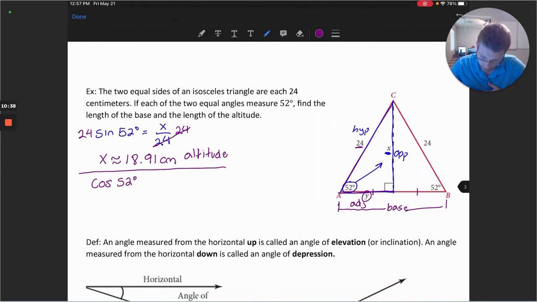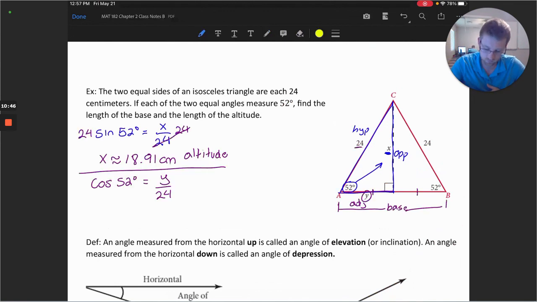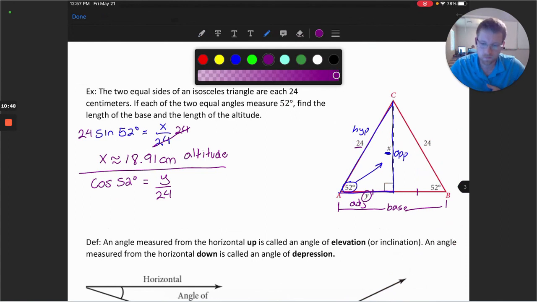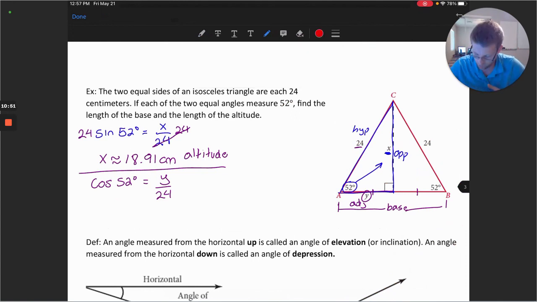That would be my adjacent y divided by my 24 again. So when I consider solving for y here, I can multiply by 24 on both sides. And so my y value, or half of my base, is going to be 24 times cosine of 52.